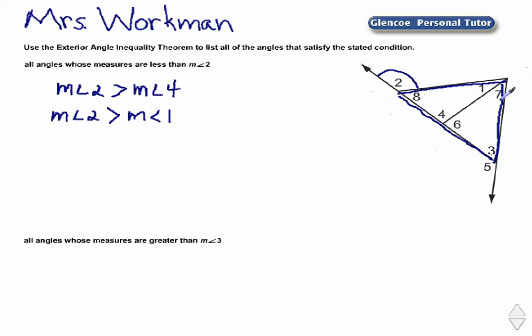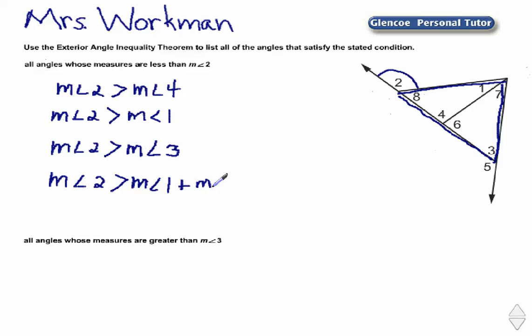So the exterior angle inequality theorem tells me that the measure of angle 2 is greater than the measure of angle 3, and also the measure of angle 2 is greater than the measure of this angle, which is the measure of angle 1 plus the measure of angle 7.